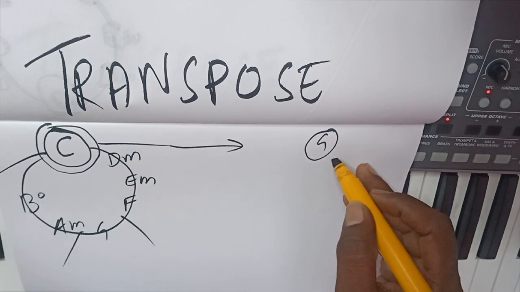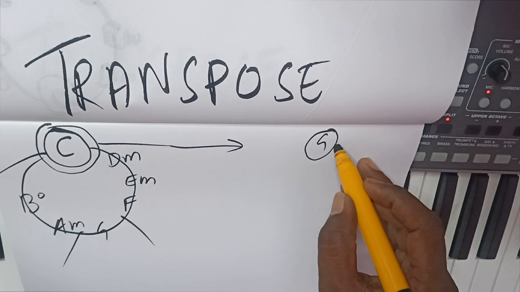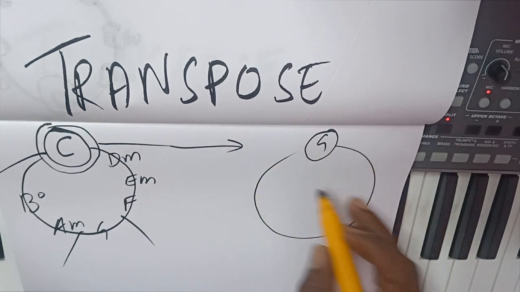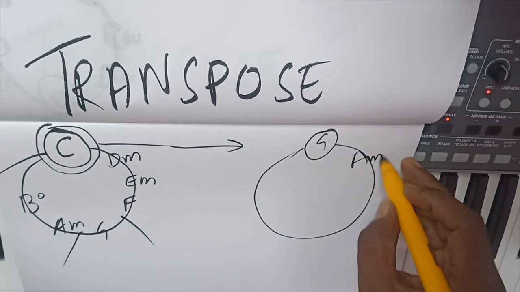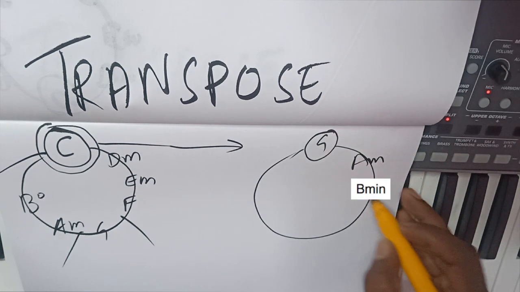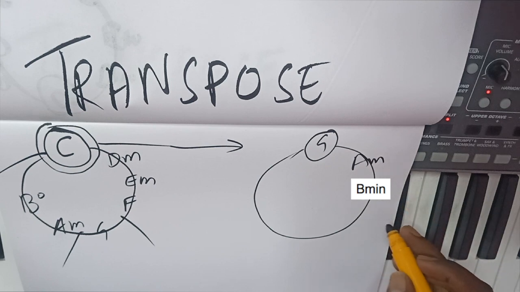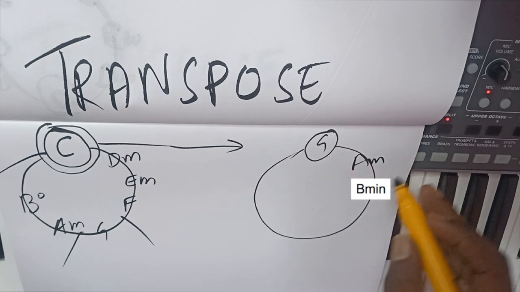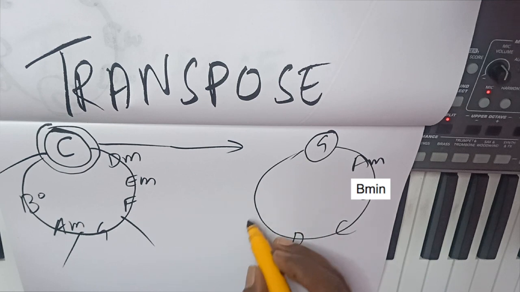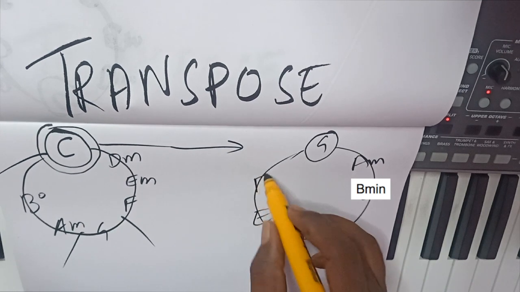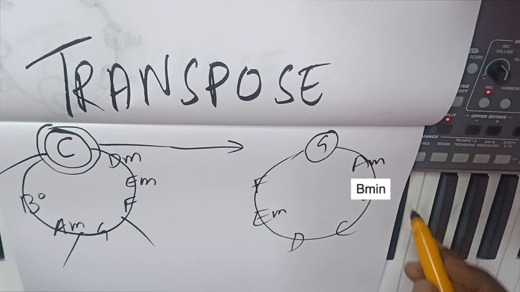For example, for the G major scale, the chords of the whole scale would be G major, A minor, B minor, C major, D major, E minor, F major.